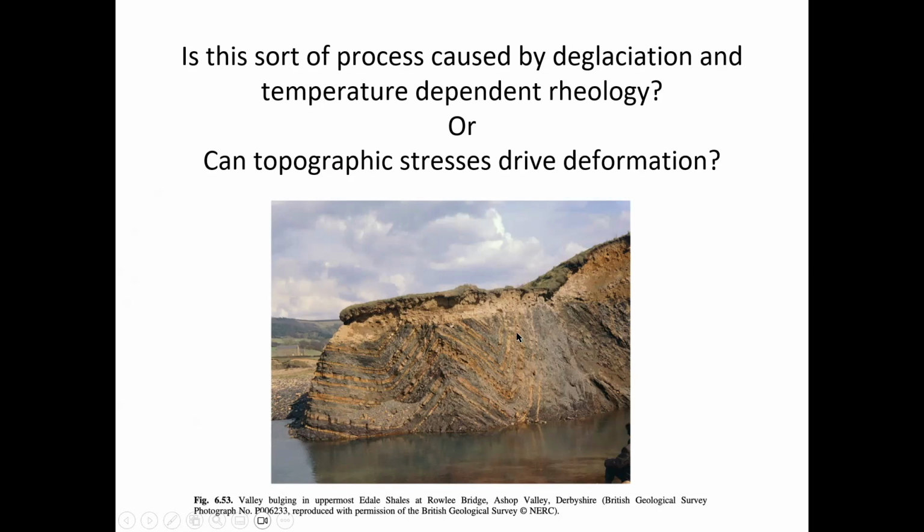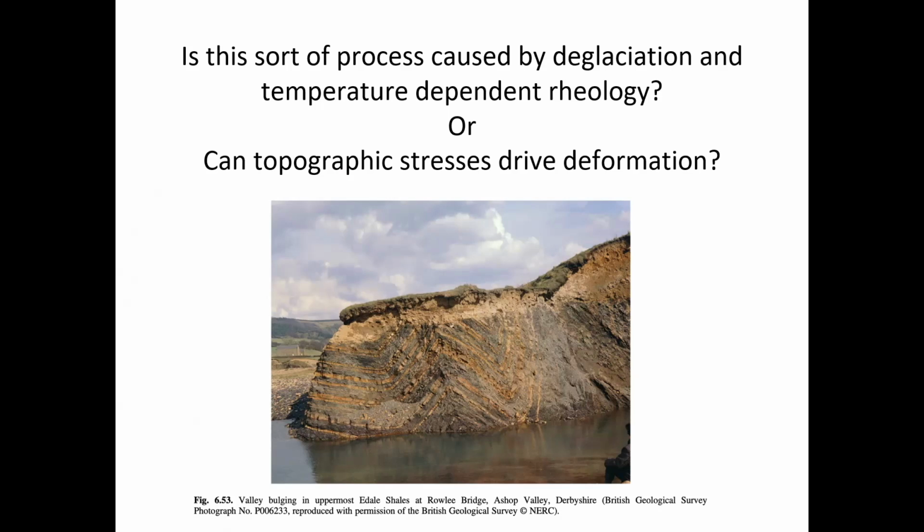And for a long time, the development of these folds has been debated, and people argue whether they're formed during deglaciation, and whether this change in temperature that is expected at deglaciation drives a change in the rheology, or how easy it is for these rocks to flow. And that produces these folds and this buckling at the bottom of the valley.